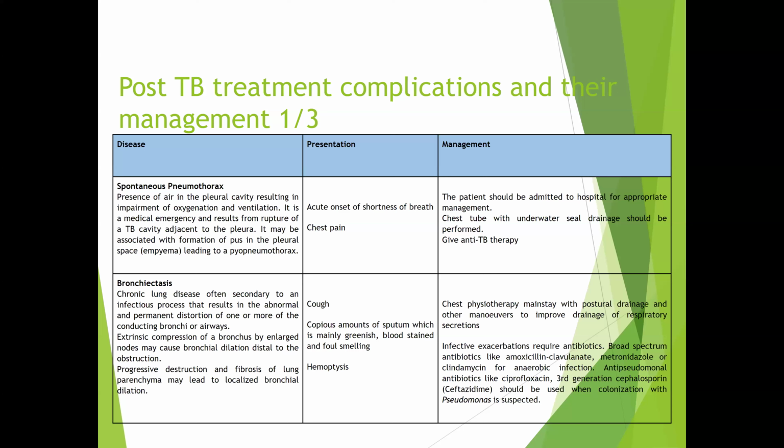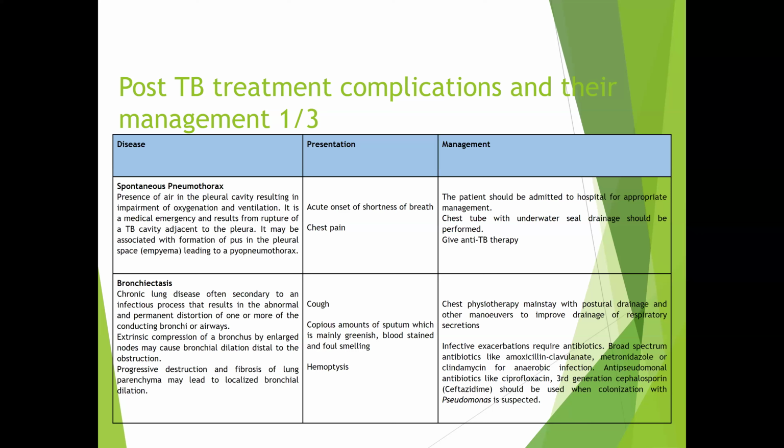The treatment is chest physiotherapy as the mainstay, with postural drainage and other maneuvers to improve drainage of the respiratory secretions. Infective exacerbations require broad spectrum antibiotics, like amoxicillin and clavulanic acid. They also have to be given metronidazole or clindamycin for anaerobic infection.